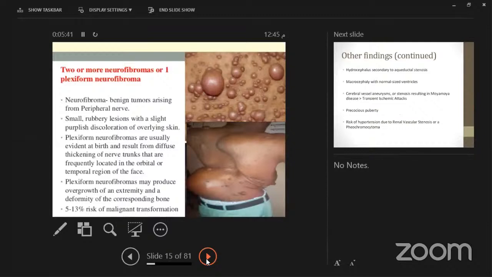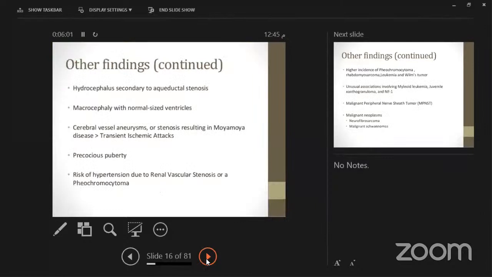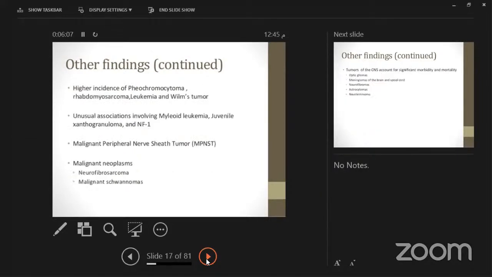Neurofibroma is a benign tumor arising from peripheral nerves. It is a small rubbery lesion with slightly purplish discoloration. Plexiform neurofibromas are usually evident at birth and can enlarge to become huge and cause deformity of the bone. Other findings: hydrocephalus, microcephaly, cerebral vessel aneurysm, precocious puberty, and risk of hypertension.